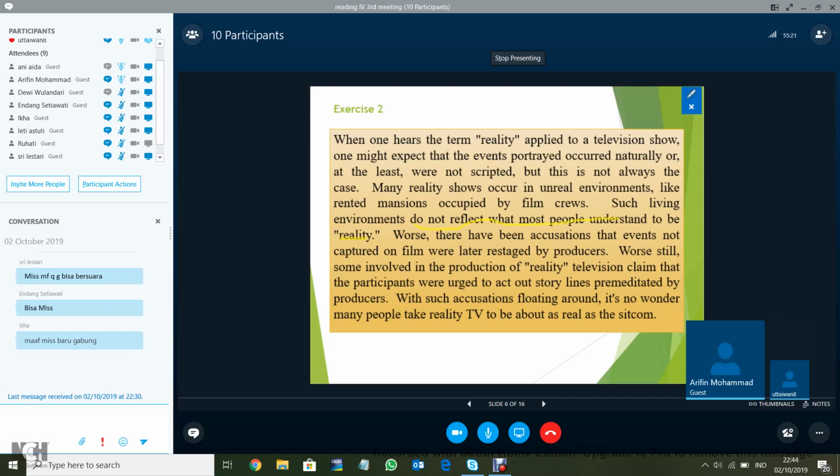Coba kejadian sehari-hari yang tidak dinaskahkan. Tapi kasusnya tidak seperti ini, but this is not always the case. Tapi kasusnya tidak selalu seperti ini.